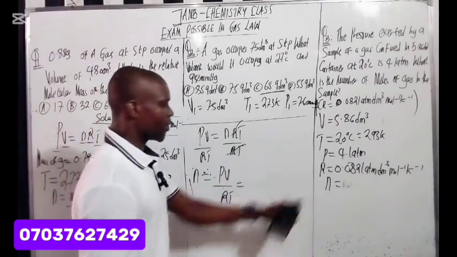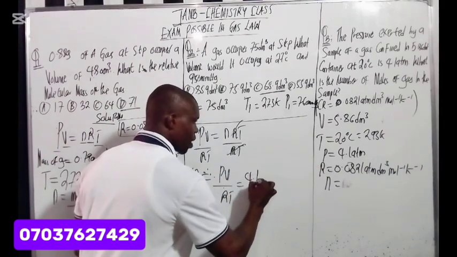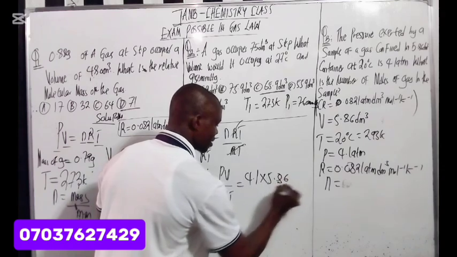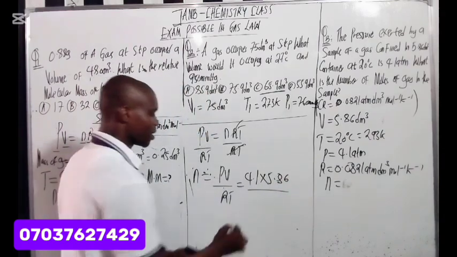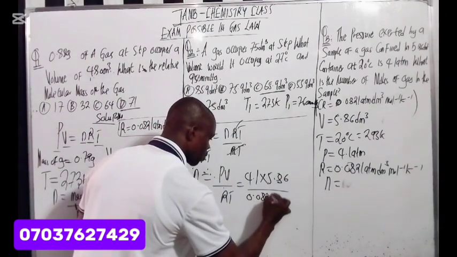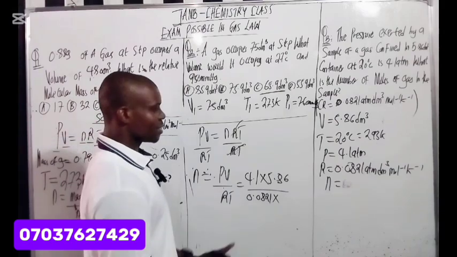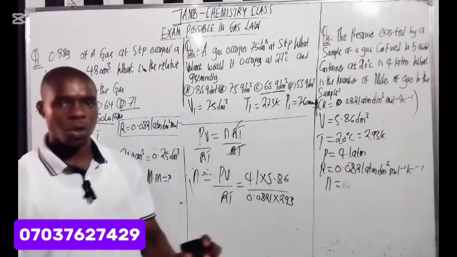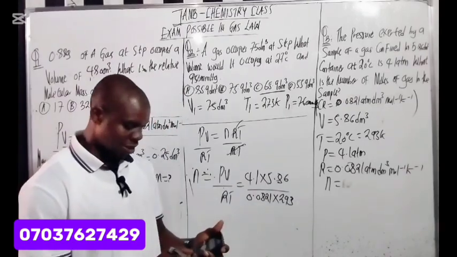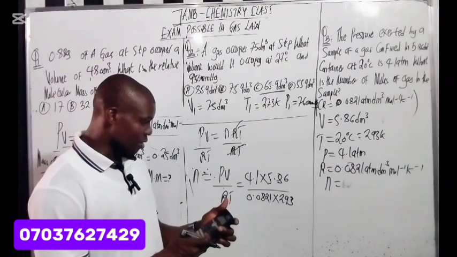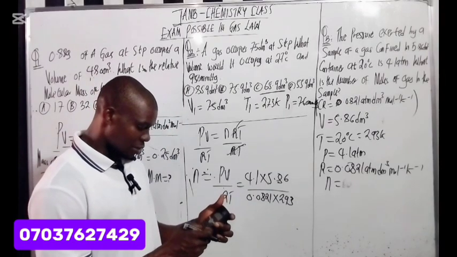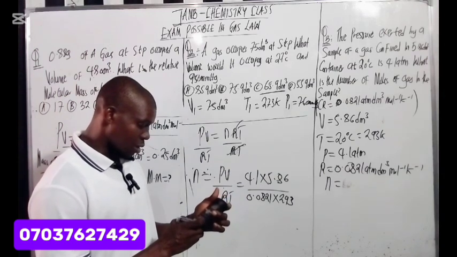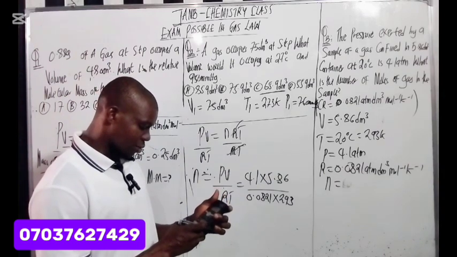What's my P? My P is 4.1 times. My V is 5.86, over. My R is 0.0821 times. What is my T? My T is 293. So use your calculator to punch in your answer: 4.1 times 5.86, divided by 0.0821 times 293.